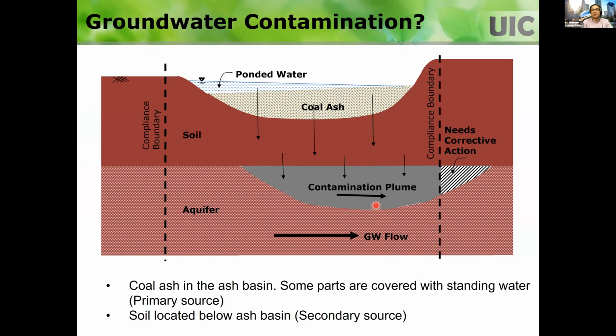A lot of these ponds don't have any liner system at the bottom. When you put it in the ponds, what happens? It will infiltrate into the ground, and the groundwater gets contaminated. And if you have drinking water nearby, that's going to get contaminated. So there's a big problem with the disposal of coal ash and a lot of this mine waste that you find.